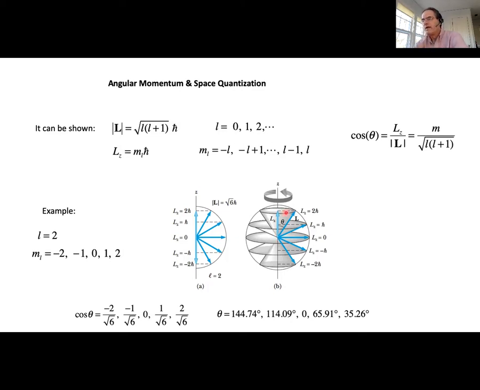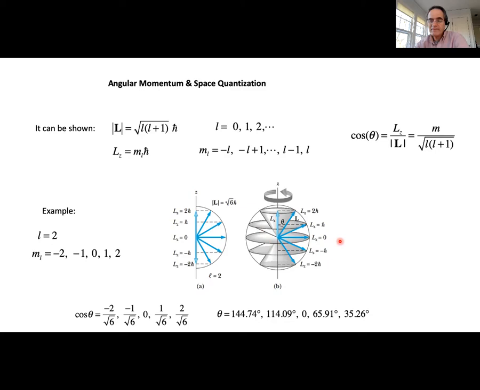So this drawing is nice because it shows that if the polar angle is specified, so that the z component of the angular momentum is specified as shown here, then the x and y components of the angular momentum are unspecified, are unknown. And so in particular, the azimuthal angle phi is unknown.